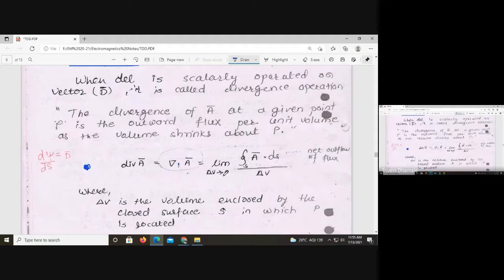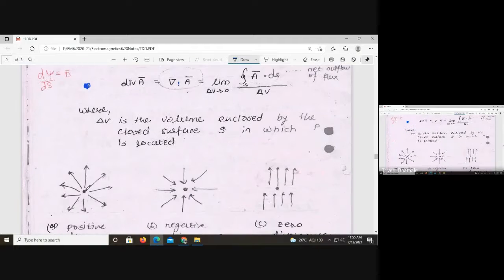Now, for this divergence concept, you must know what electric flux is, how flux lines originate from a charge, right? So, you know positive charge and negative charge. Positive charge means what? Simple like this. This is the positive charge. So, flux lines originate from positive charge and always end on negative charge.